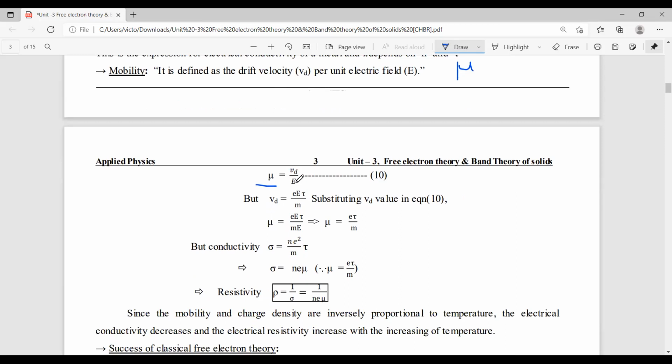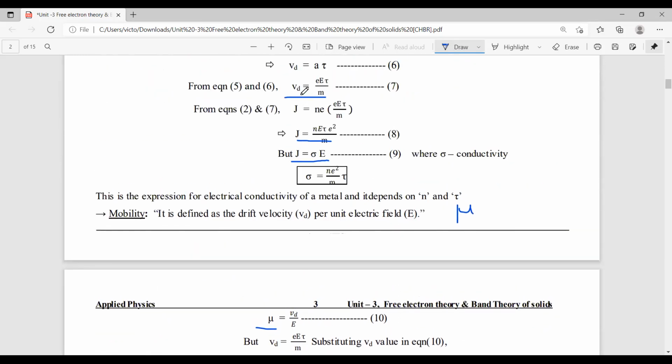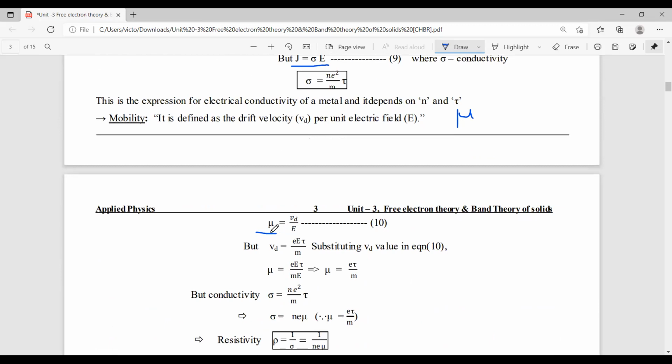From the Vd expression, eEt by m, in the mobility expression Vd by E, replace Vd by eEt by m. Then mu equals eEt by mE, so E and E are cancelled.